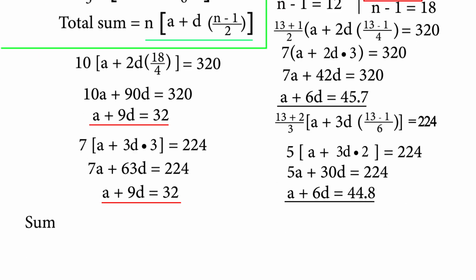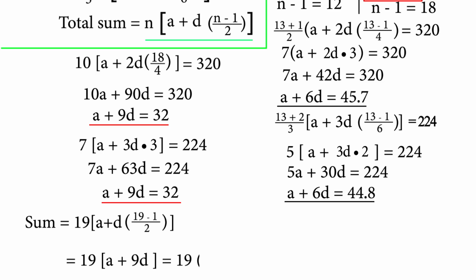So let's move this up a bit. Total sum is n, which is 19, times (a plus d times (19 minus 1)/2). And this is 19 times (a plus 18/2 d), which is 9, so 9d.